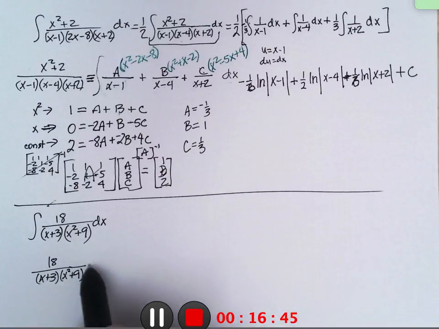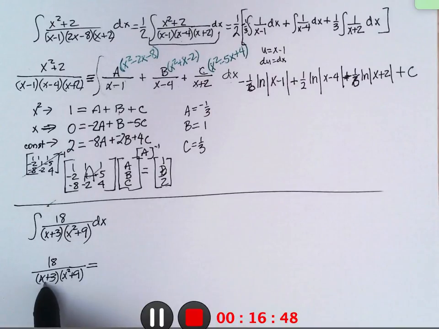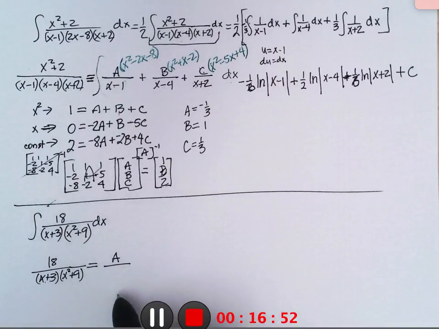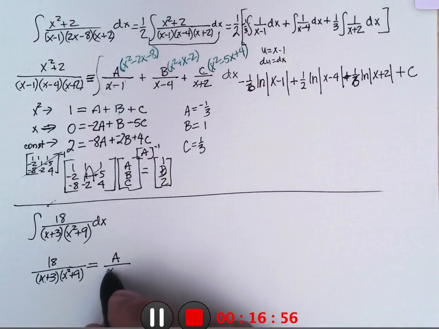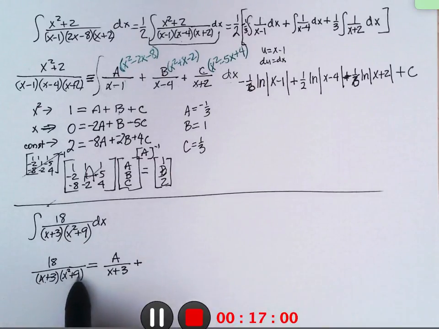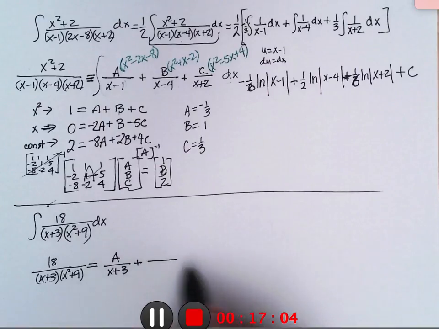So this 18 over x plus 3, x squared plus 9 has a linear factor, so we just put a constant over it. We can use a, could use b, could use c, could use any letter, over x plus 3, but on a non-factorable quadratic factor like this, we have to do one degree less.